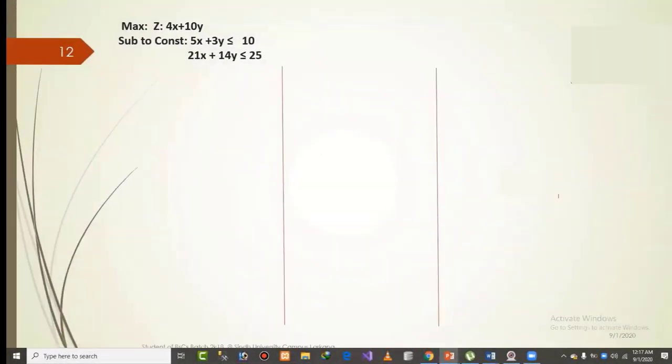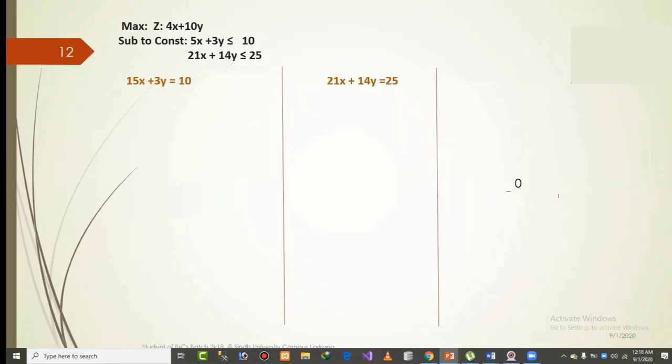So this is an equation for the graphical method. I have to make its graph. So how do we make a graph? At this time, these equations are inequalities, so first we will convert them into equalities.